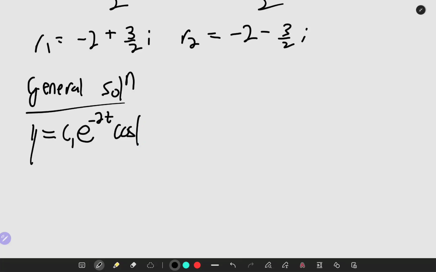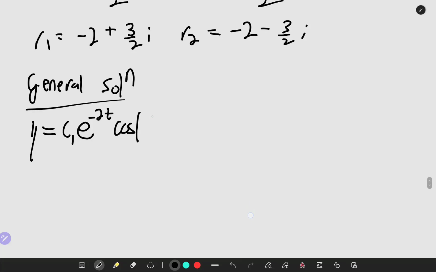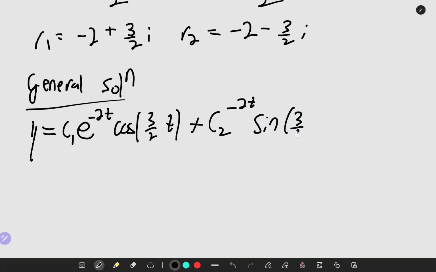It doesn't matter which one you start with first. Either cosine or sine, whatever. You're going to look at what's in front of the i. And then for the second term, for y2, that stays the same. And so does this. Right? This is our answer. So these are pretty straightforward, pretty simple.